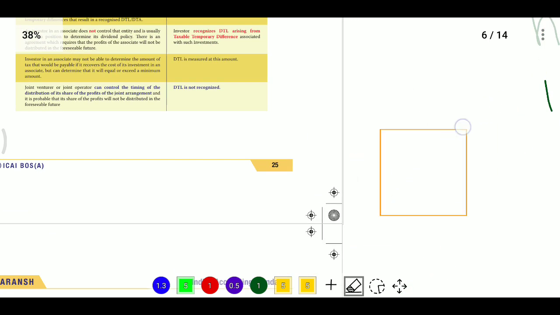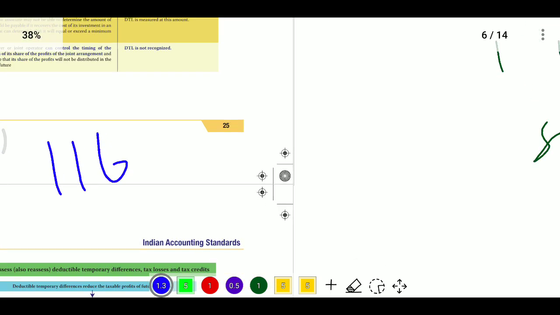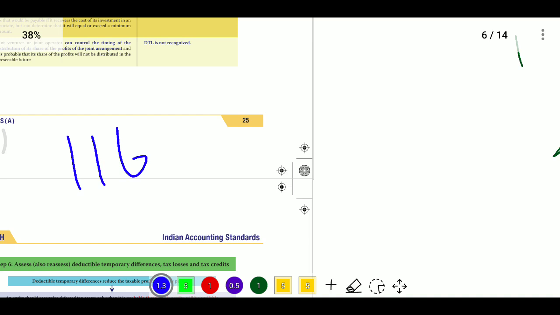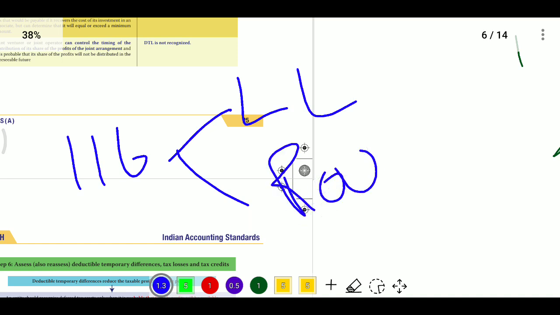Now next we will take the Ind AS 116 related case. What is there? If we have taken an asset on lease, we will calculate the lease liability and the ROU asset.